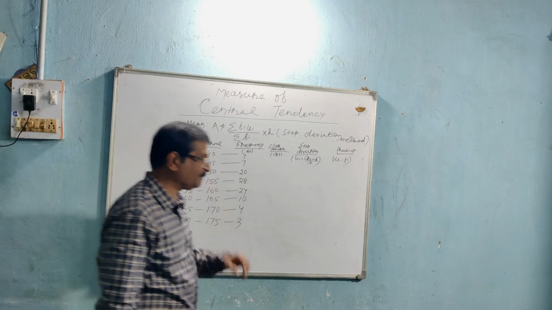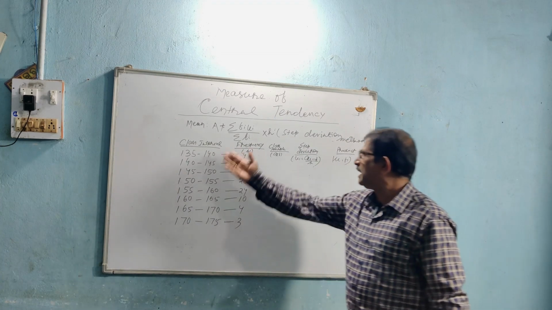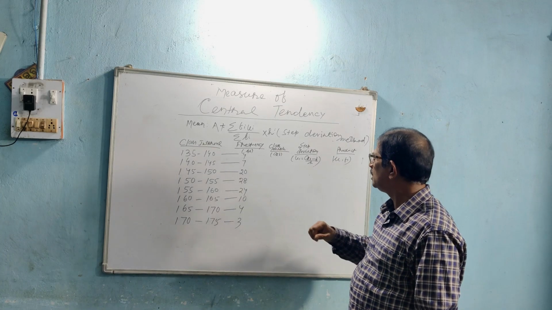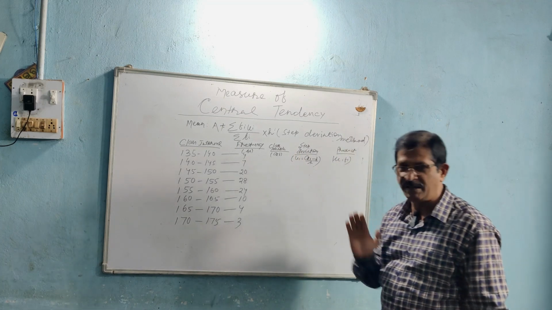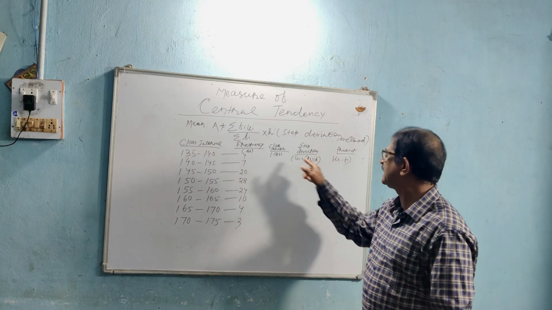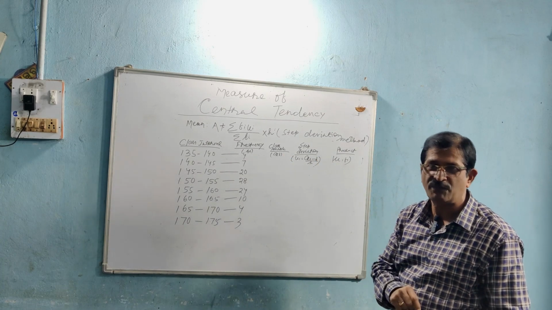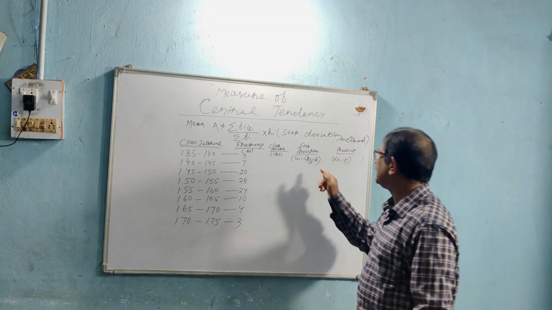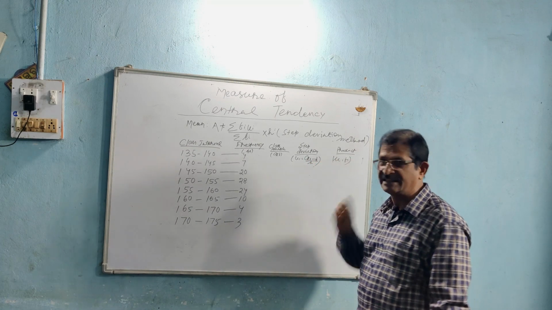In step deviation method, first you understand what is happening here. We have gone for the class mark. Then from each class mark we take an assumed mean, and that assumed mean is to be subtracted from each of the class marks. Thereafter, those values are to be divided by a common divisor, as indicated here by h.